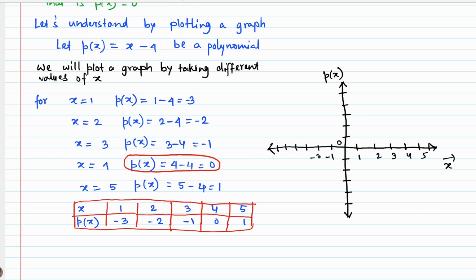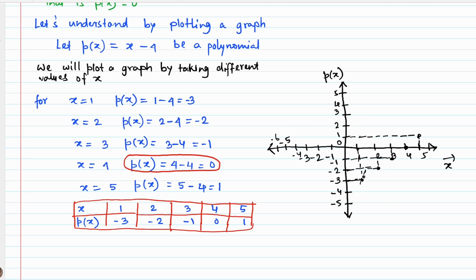So we are putting all the values on it, and then we will plot the graph for the given values. So for 1 we get minus 3, for 2 we get minus 2, for 3 we get minus 1, for 4 it is 0, and for 5 it is plus 1.